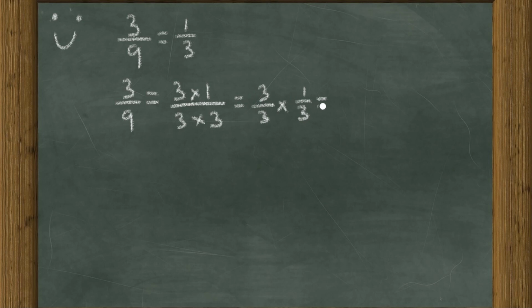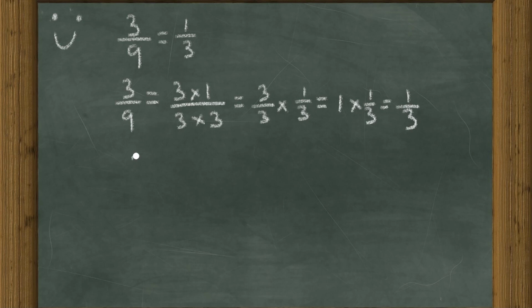So I can rewrite that as 1 times 1/3. And now 1 times any number is equal to that number. So this is kind of an expanded version of how we can take the greatest common factor, divide it by the numerator and the denominator, and come up with a simplified fraction.